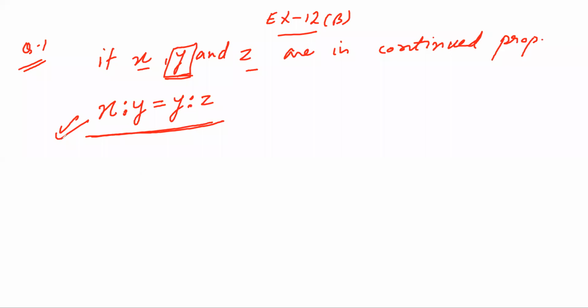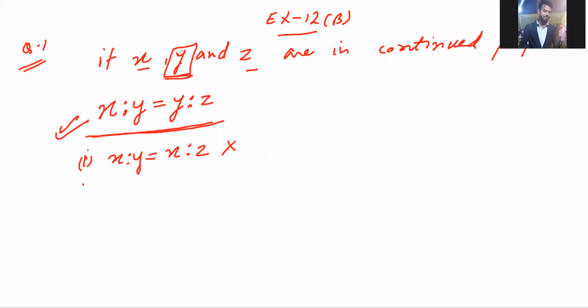The first statement is x ratio y is equal to x ratio z. This is not the right relation because we have to repeat the middle term 2 times, but in this relation x is being repeated, and x is not the middle term.